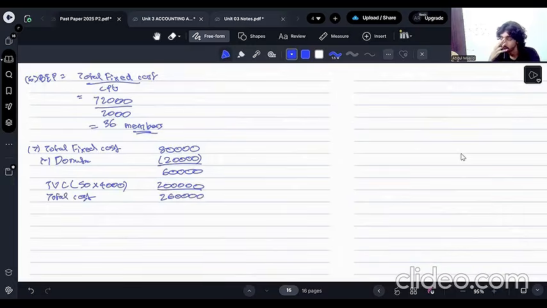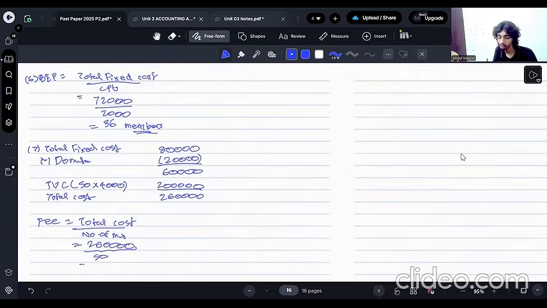Now what you want to know is how much you want to charge from one member if you want to cover this total cost. Simply the fee to be charged will be total cost divided by number of members participating. Total cost is 260,000. We are expecting 50 members. Then how much should we charge from one person to cover our total cost?